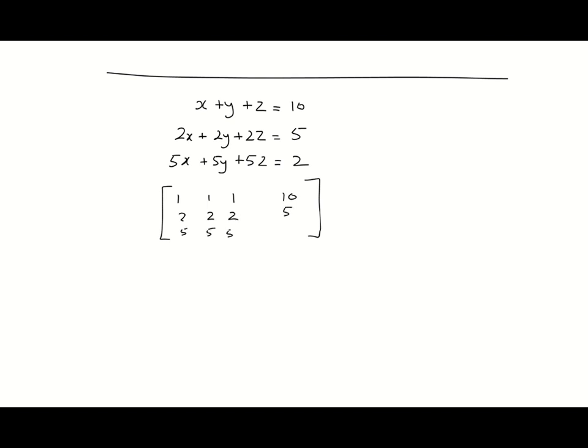And what you can see is that row 1 multiplied by 2 gives row 2, and row 1 multiplied by 5 gives row 3. But the constants are not getting multiplied. They're different. Yeah? And that's how you know that if this situation happens, this is going to be 3 parallel planes.